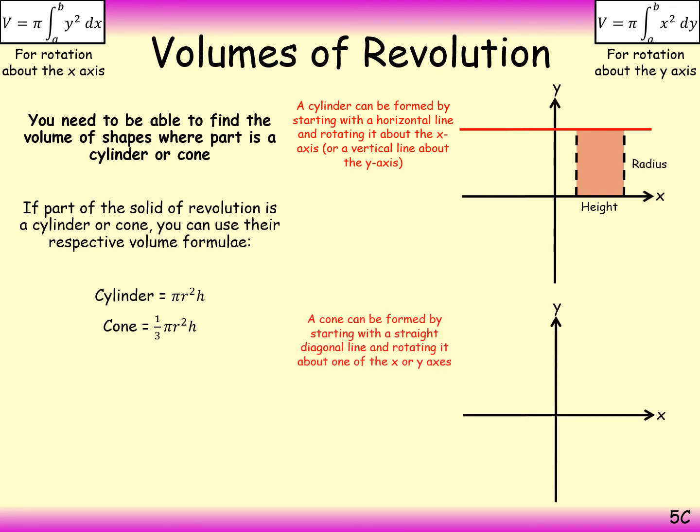A cylinder can be formed by starting with a horizontal line and rotating it around the x-axis like that. Now a cone can be formed if you have a line coming down like this, and if you rotate that around the y-axis, you could form a cone. So here, this would be the height and this would be the radius.